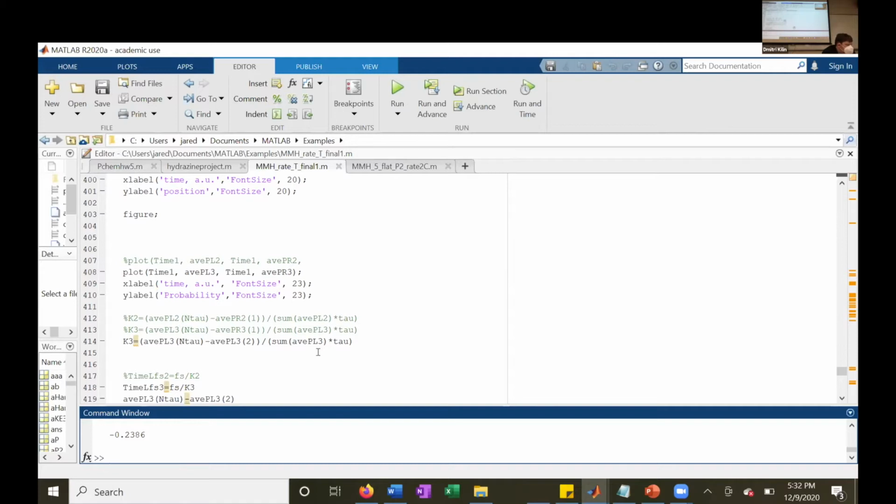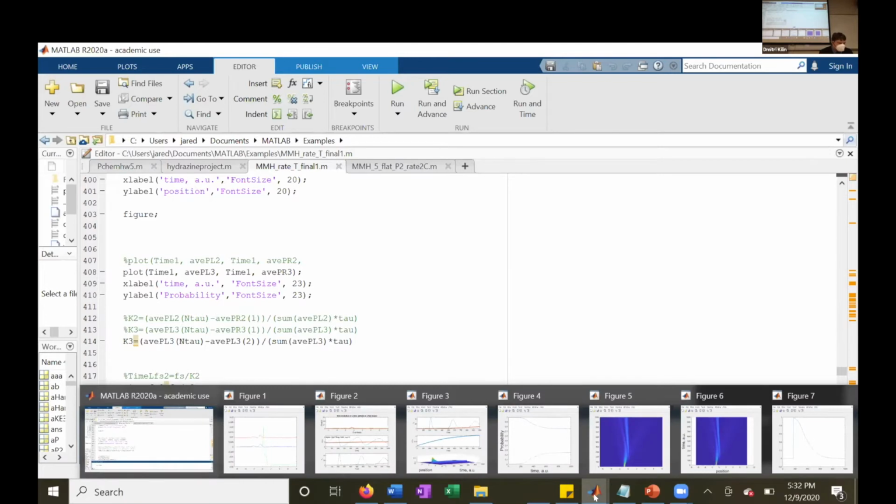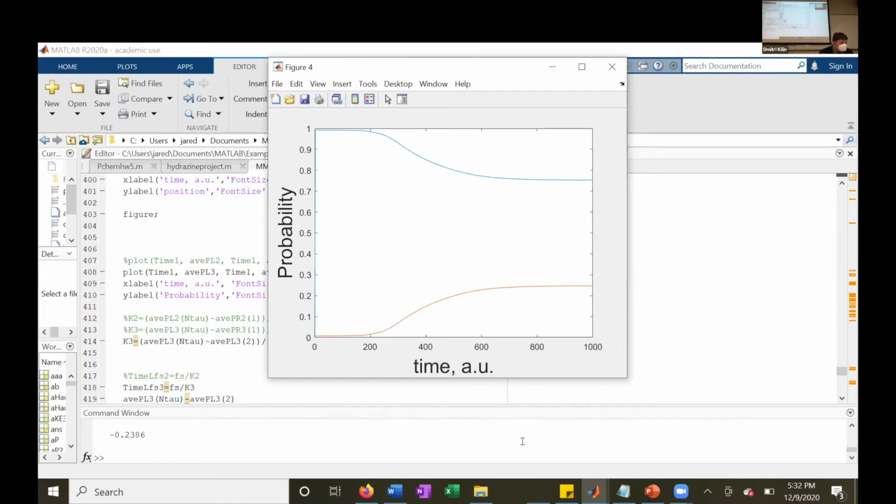Okay. So what is AVEPL3? If you bring up the images, maybe figure 4. So it looks like AVEPL3 is the orange curve here.